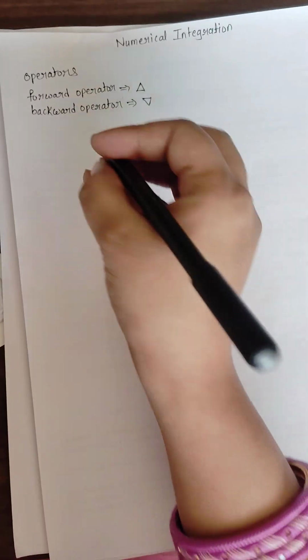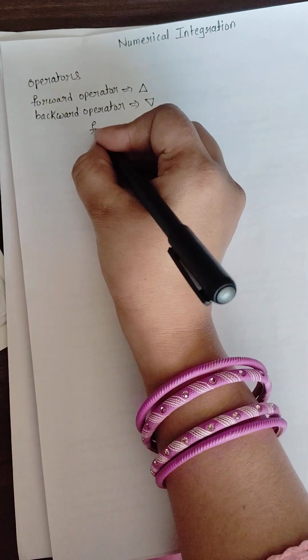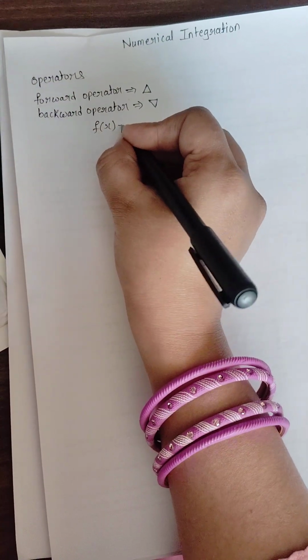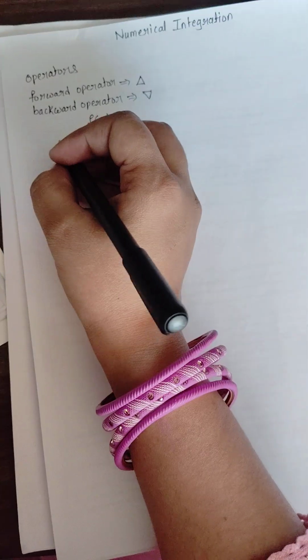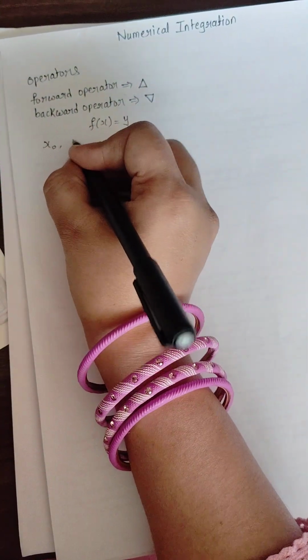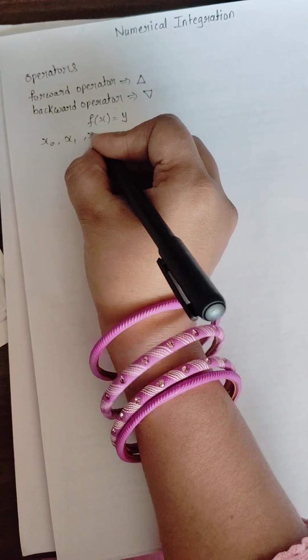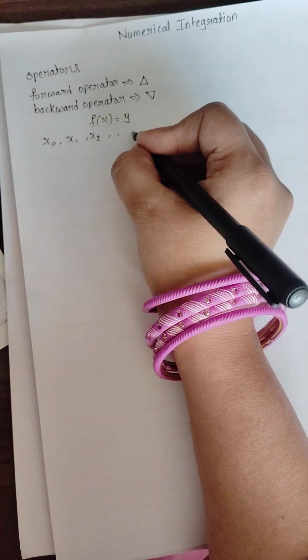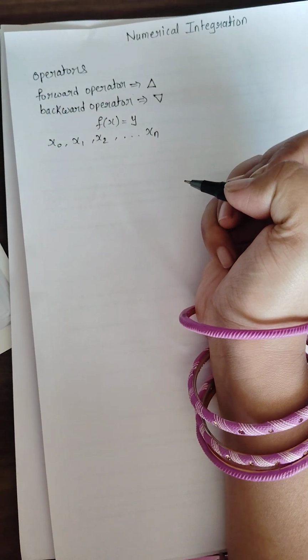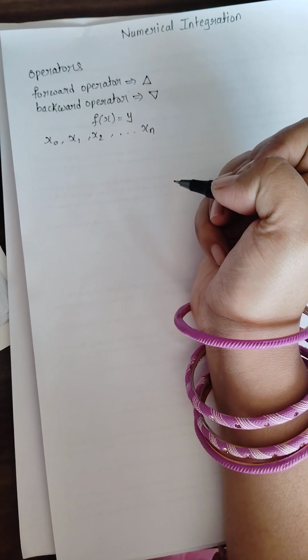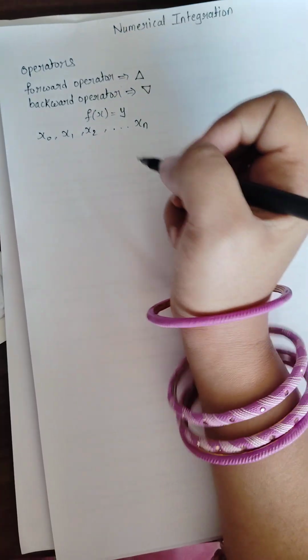So here we have the forward and backward operator. The function f of x we denote by y equals f of x. Here x naught, x1, x2 and so on up to xn are called the nodes, that is the points at which we want the integration.